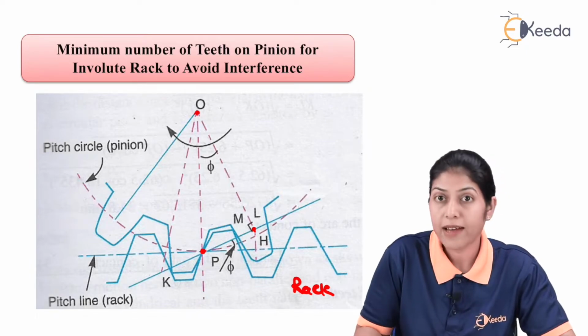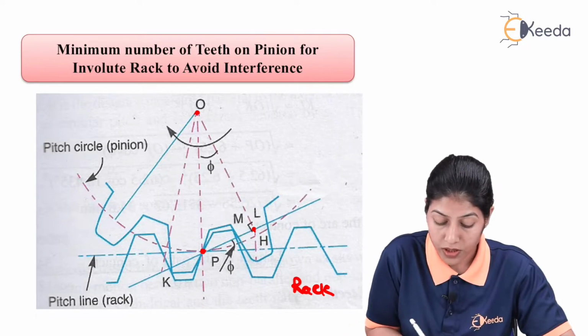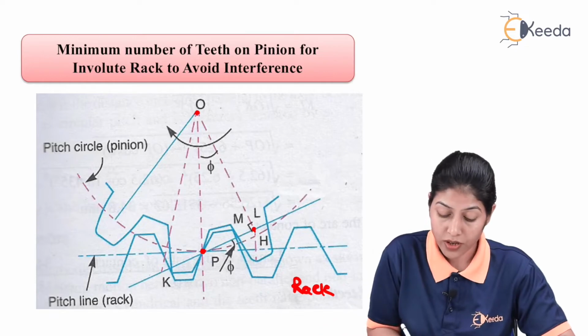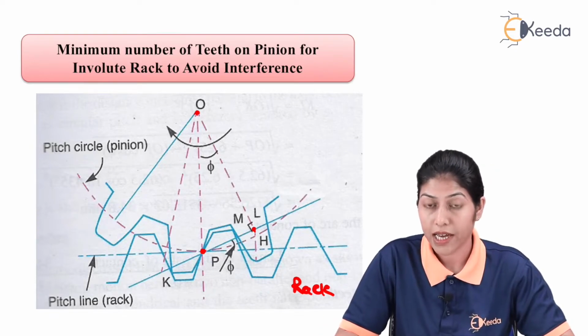So we can say the diameter of the rack gear is infinite. A rack gear is generally defined as a gear with infinite diameter.